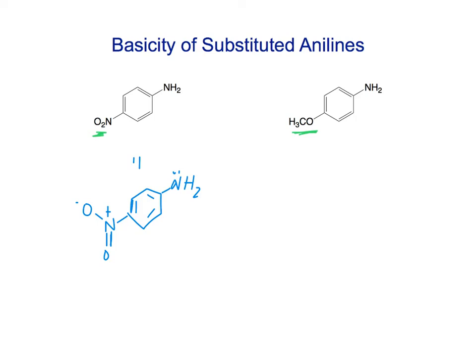All right, and let's think about the type of resonance that involves the lone pair of electrons on the nitrogen. Right? So we can move these down this way, and we can move them into the ring. All right, so we could draw a resonance structure like this. Plus has a minus here.